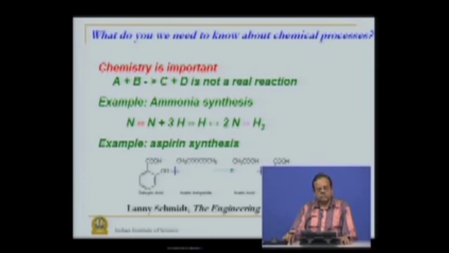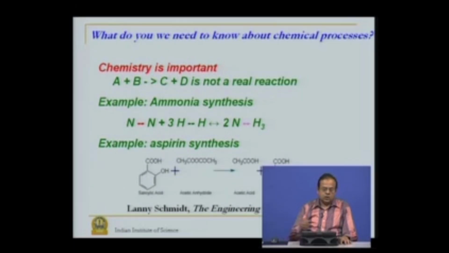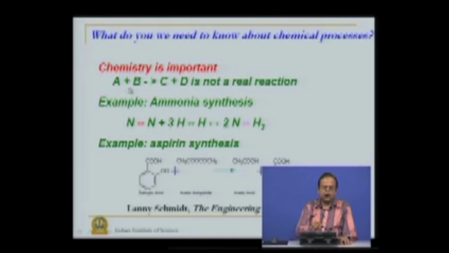So, take for example, ammonia synthesis. It is nitrogen plus 3 moles of hydrogen giving rise to 2 moles of NH3. Now, it may appear simple enough to just say that one can represent these reactions as A plus 3B going to C, but notice what has to happen for ammonia to be formed.